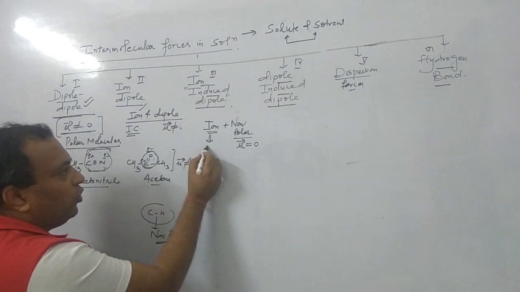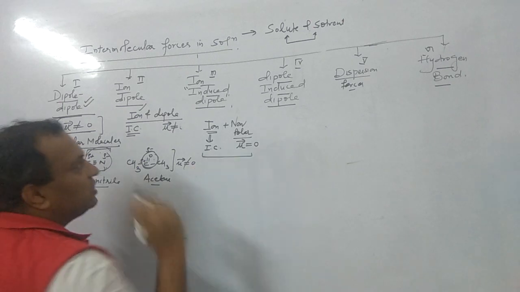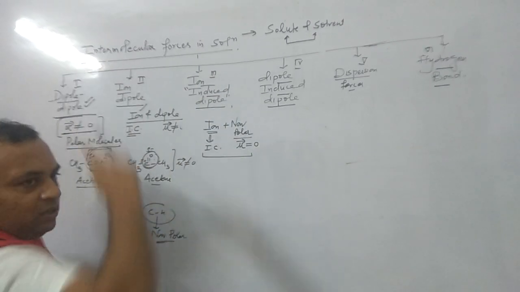The ion comes from an ionic compound. Understand? So that's said to be the ion induced dipole force.